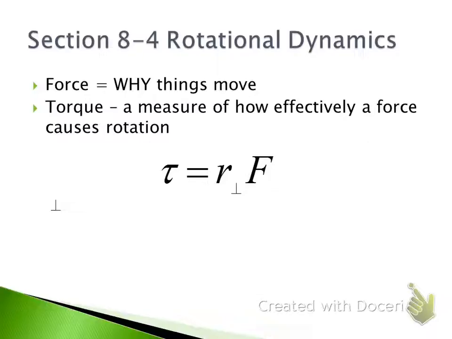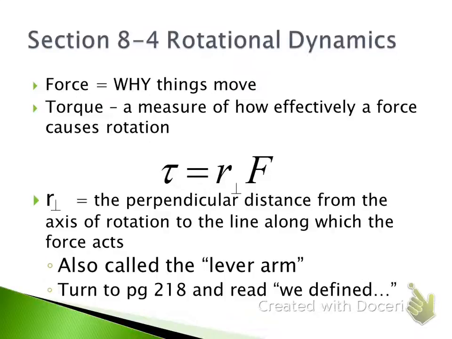So our equation for torque is our T here equals R perpendicular times a force. And the reason we say it's radius perpendicular is because we want the radius to be perpendicular basically from the axis point or from the rotation point to where the force is being applied.